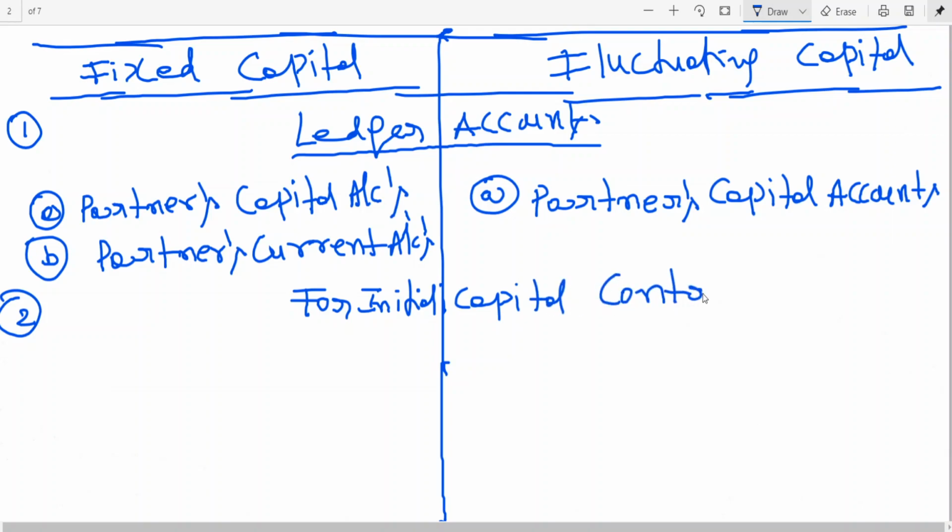Initial means when you start business for the first time. I am trying to explain the difference so that when you open ledger accounts, you will be able to understand it very quickly.